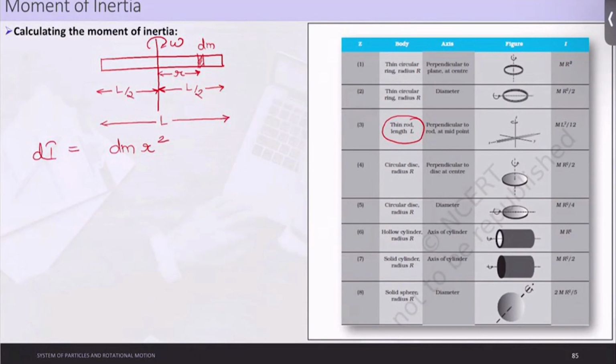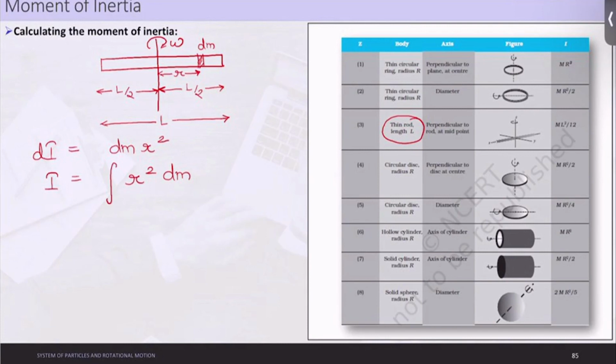Now please look at this very, very carefully. What is the complete moment of inertia? The complete moment of inertia is the integration of r square dm.